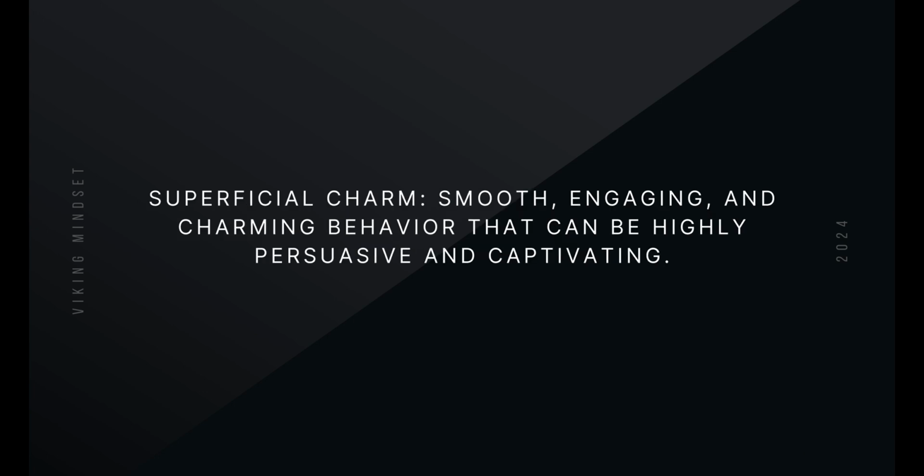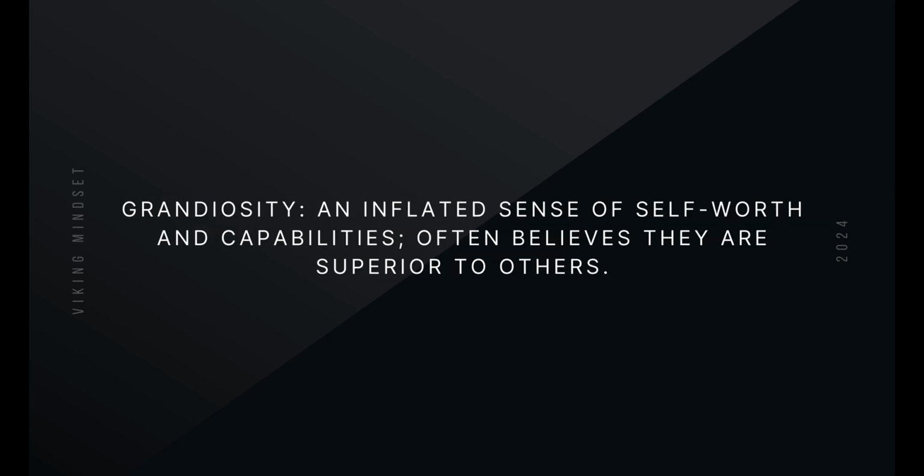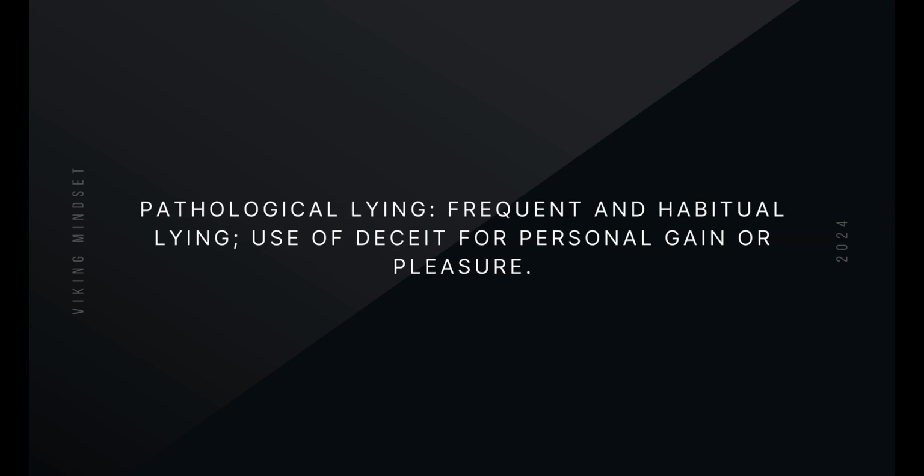Superficial charm. Smooth, engaging, and charming behavior that can be highly persuasive and captivating. Then we have grandiosity, which is an inflated sense of self-worth and capabilities, often believes they are superior to others. And we have pathological lying, frequent and habitual lying, use of deceit for personal gain or pleasure.